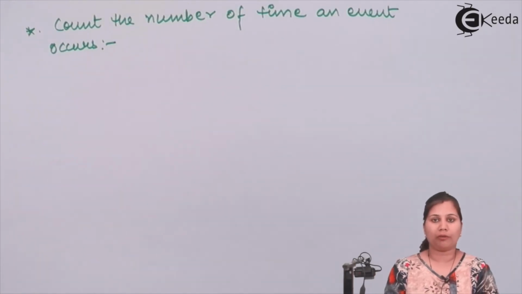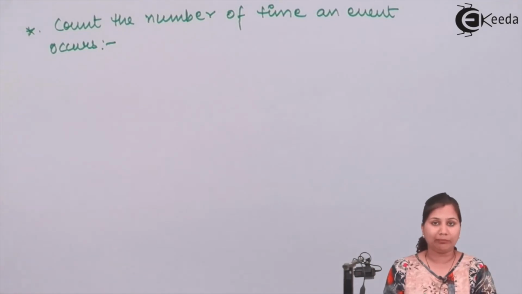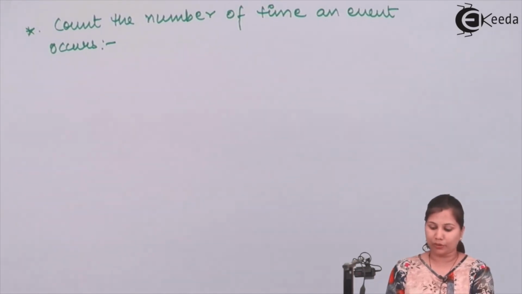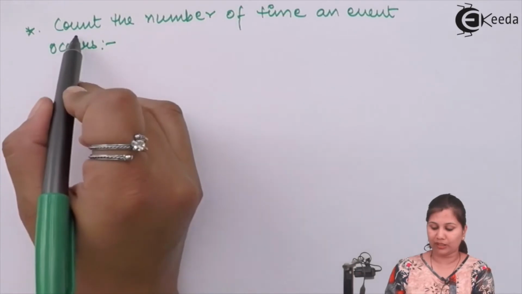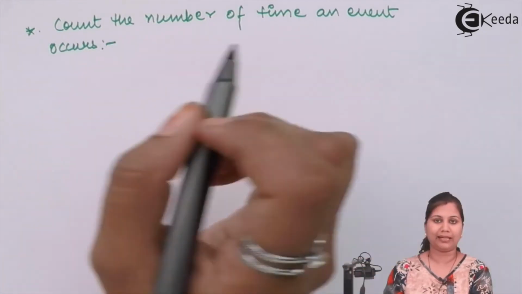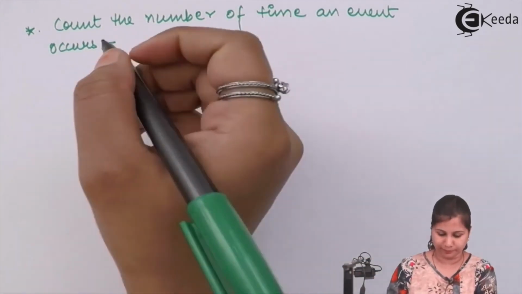All the applications which involve counting of events or measuring the time interval will use the 8253 IC. So here we have another application of 8253 through which we can count the number of times an event has occurred.